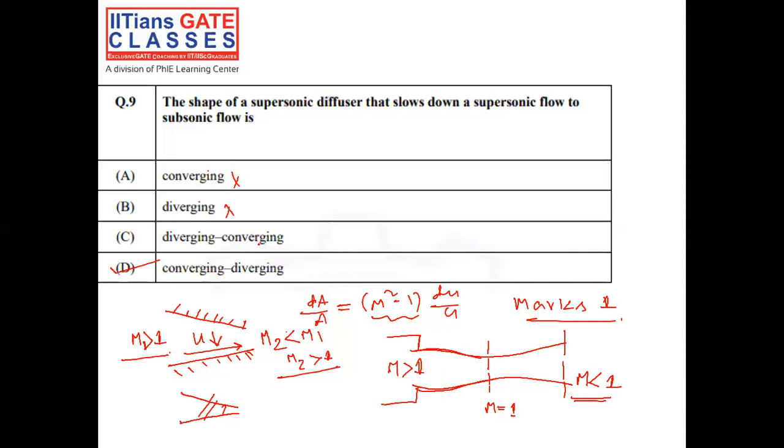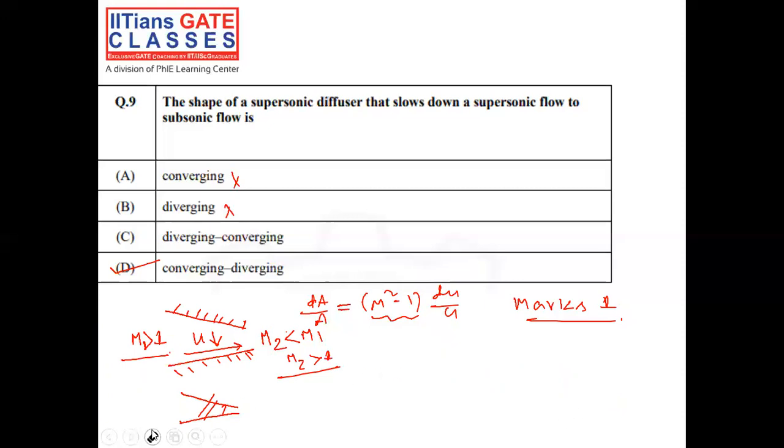And the diverging-converging duct is also not the correct option, because, as you can guess, this is the divergent-convergent duct, and if this is supersonic velocity, in the divergent part again the velocity will further increase, right?